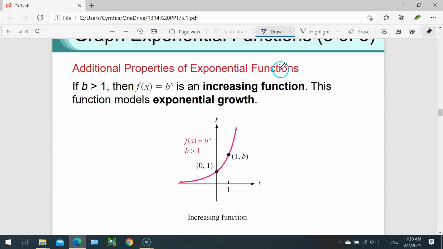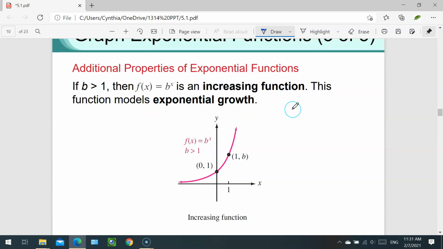Additional property of the exponential function: if your base b is bigger than 1, then your exponential function is an increasing function. This function models exponential growth.